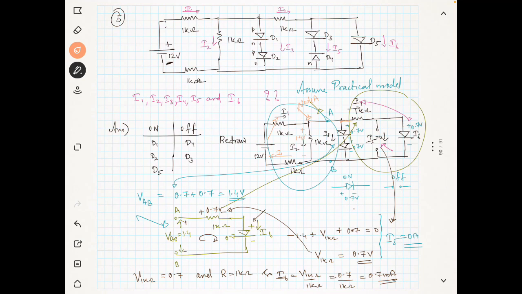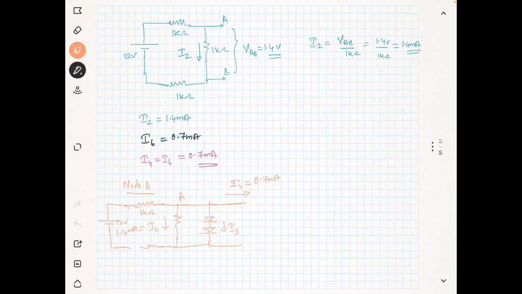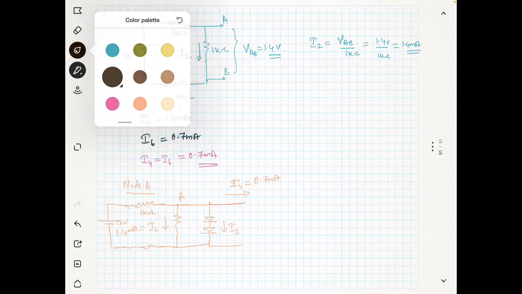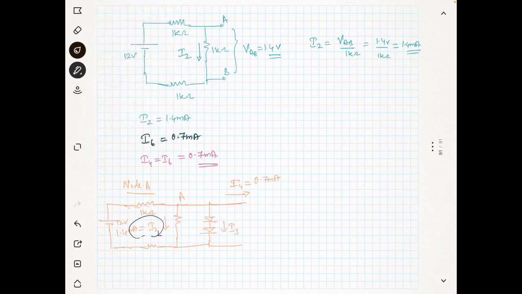So I am going to take this loop now. I will start from here. This is minus 12 volt, and the current is going like this. So it is plus here and minus here, so it is plus I1 into 1k.